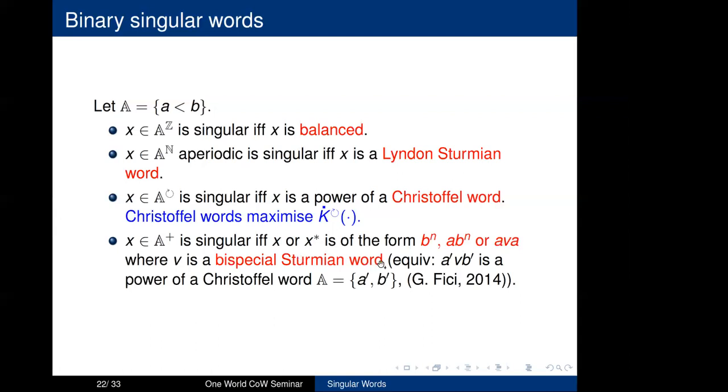Okay, so in particular, if you take V to be a central word, so those are bispecial within an infinite Sturmian word, then words of this kind are what are called singular Sturmian words. Okay.